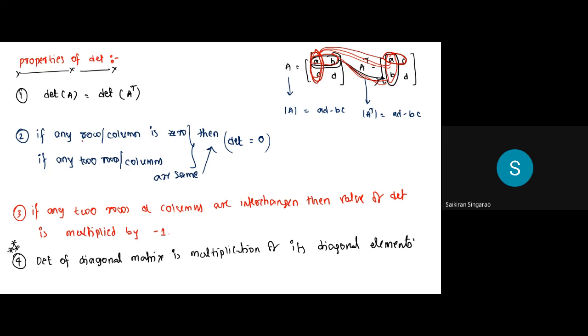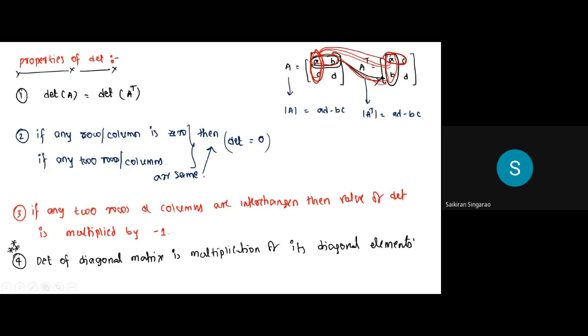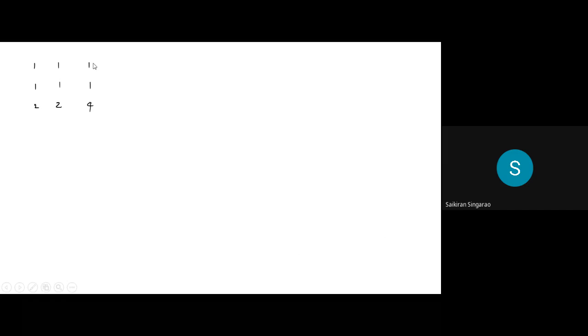Next, the second property is when two rows or columns are the same, then the determinant is 0. If any one row or column is 0, then also the determinant is going to be 0. So here you see, these two rows are the same, 1 1 1 and 1 1 1, and these two columns are also the same. So if you find the determinant of it, it would definitely come 0.